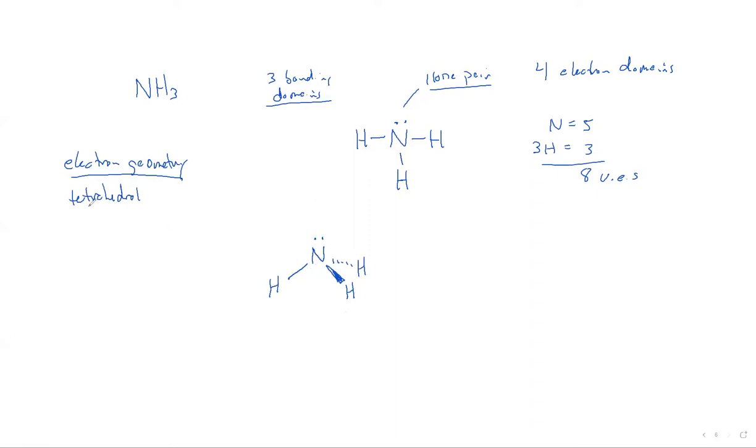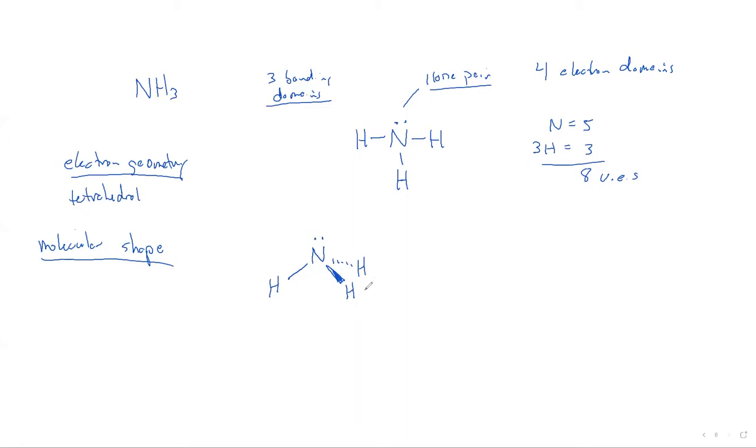But what is the shape? What is the molecular shape or molecular geometry? I don't know. I like shape. It's one syllable. Electron shape. Now we're just looking at these 4 atoms. We're ignoring the lone pair, and so the shape is not tetrahedral anymore.